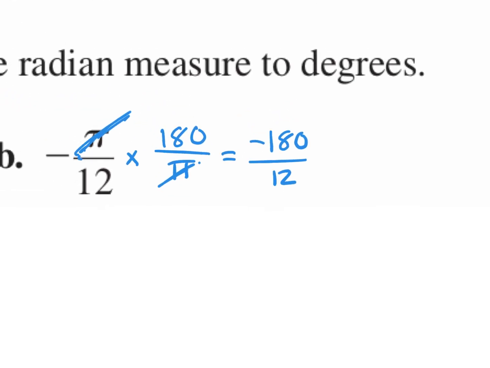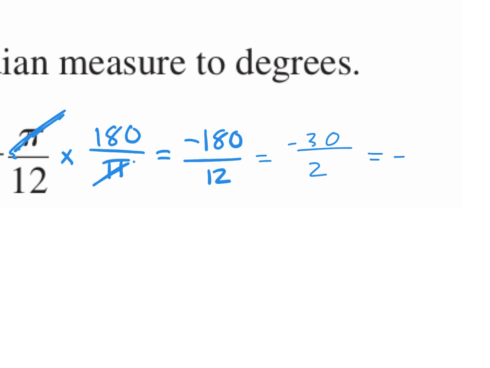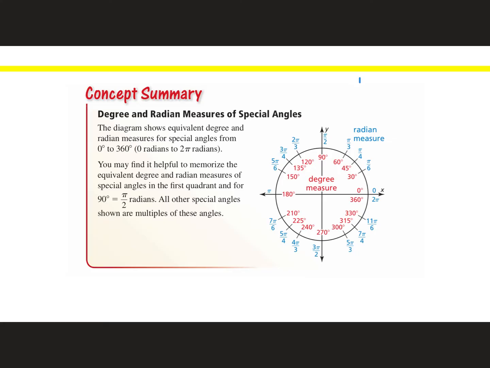A 6 goes into both of them. So what's 180 divided by 6? 30. Negative 30. And 12 divided by 6 is 2. Can we simplify more? Yeah. Negative 15. And are we talking about degrees or radians here? Degrees. So we have to put that little degree symbol there.